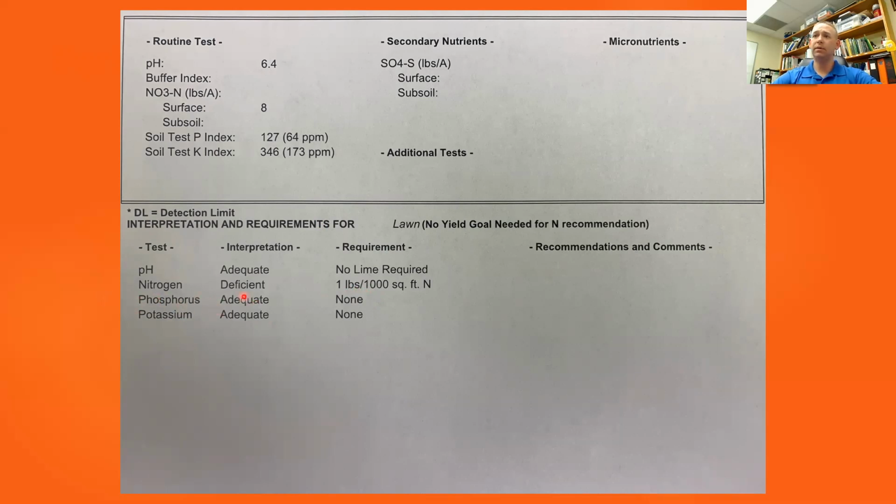So phosphorus and potassium adequate, so none's required. So what does that mean as far as what kind of fertilizer you buy? You've got N, P, and K. So do I buy a 10-10-10 or 16-16-16, or well, maybe you look for a 10-0-0 or a 16-0-0 or a 14-0-0.